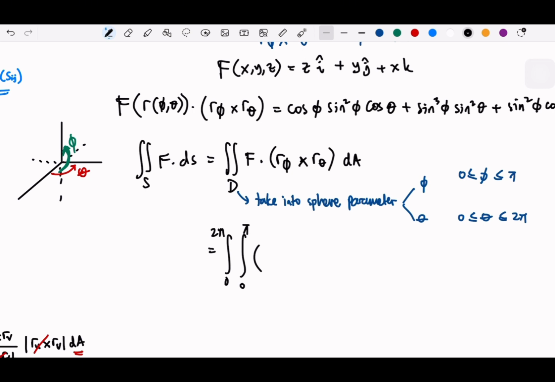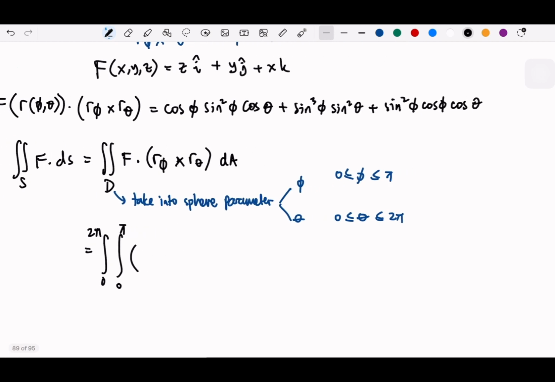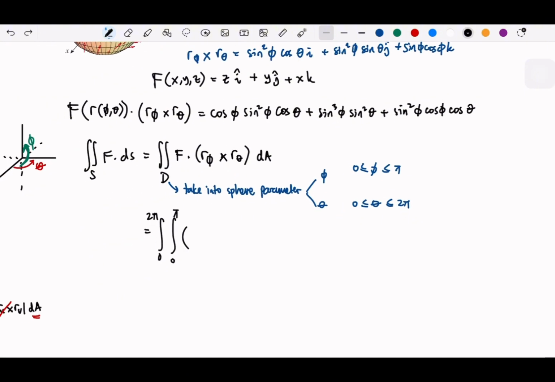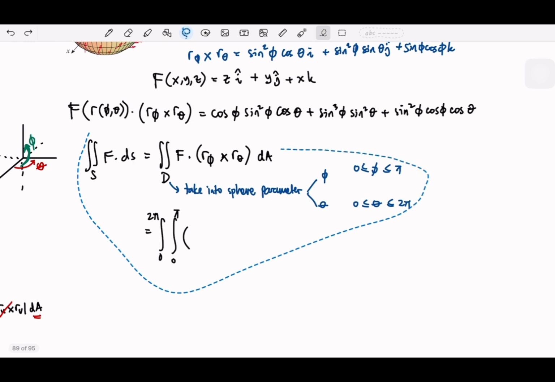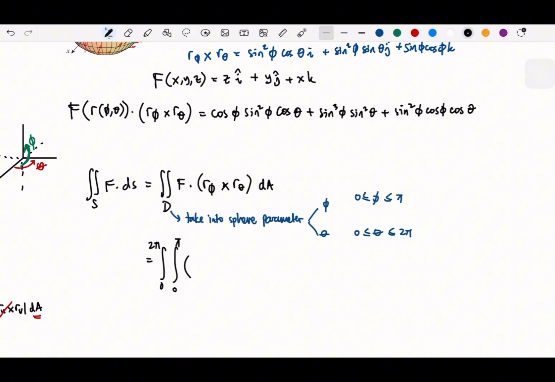So basically we can add this too. This is sine squared phi, right? I will add this too. So 2 cosine phi sine squared phi cosine theta plus sine cube.